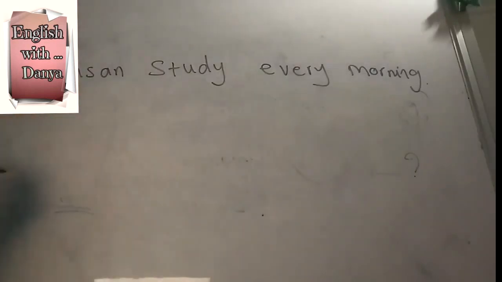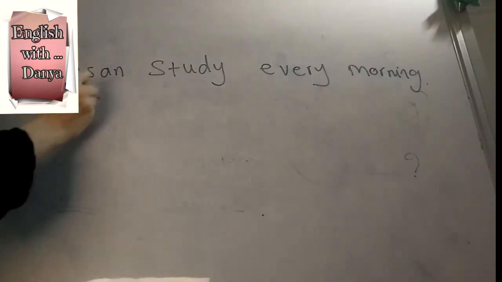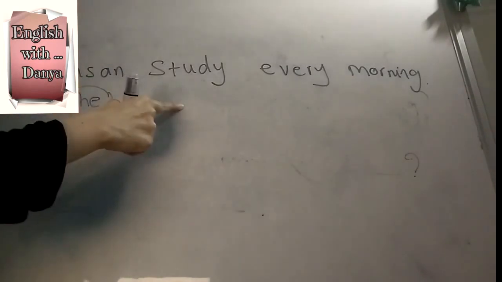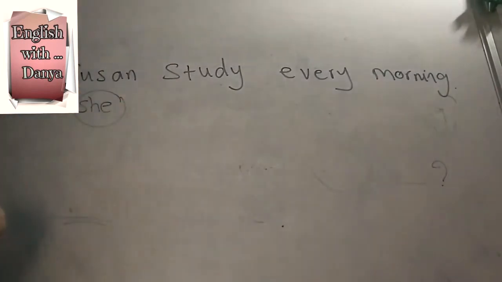She studies every morning. Now the first thing that you need to look at is the subject. What is the subject here? Is it singular or plural? It is singular. It is she. Because it is she, then we need to look at the verb, the last two letters of the verb.